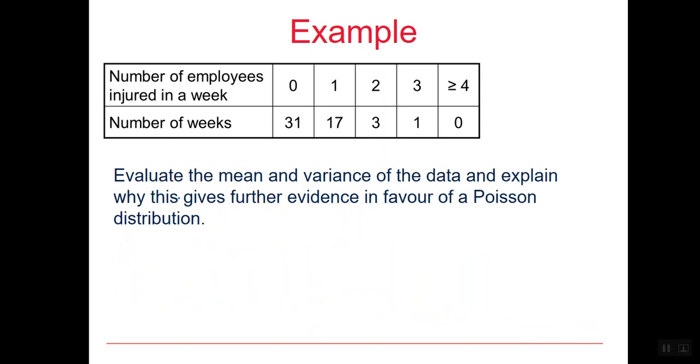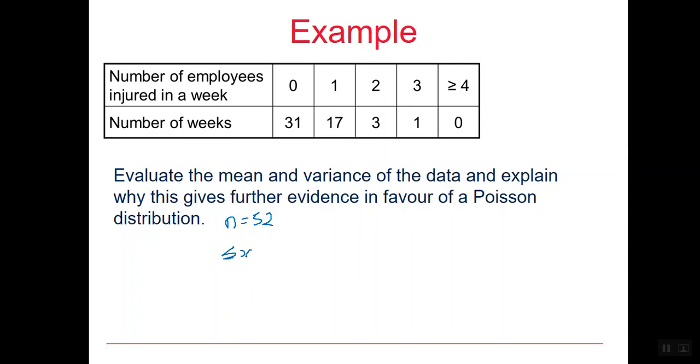The second part of the question is asking us to evaluate the mean and the variance of the data to explain why this gives further evidence in favour of a Poisson distribution. So we could reasonably just enter in this part of the table into our calculators, and that will give us our mean and variance. But I'm also going to show you by hand. So in this case, we know that n is equal to 52 because there were clearly 52 weeks in the year that we were dealing with.